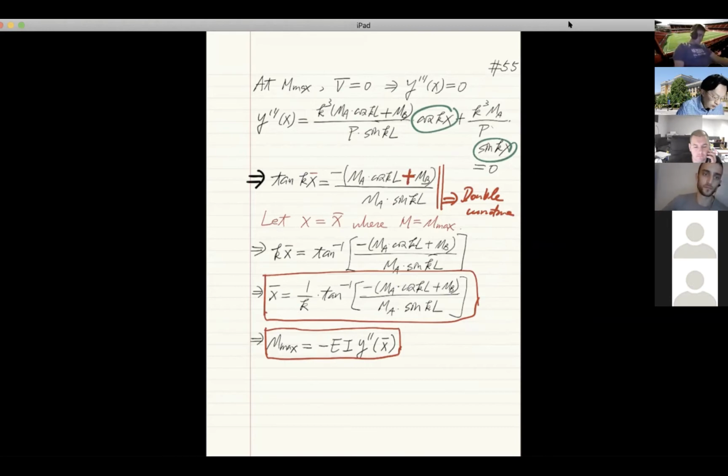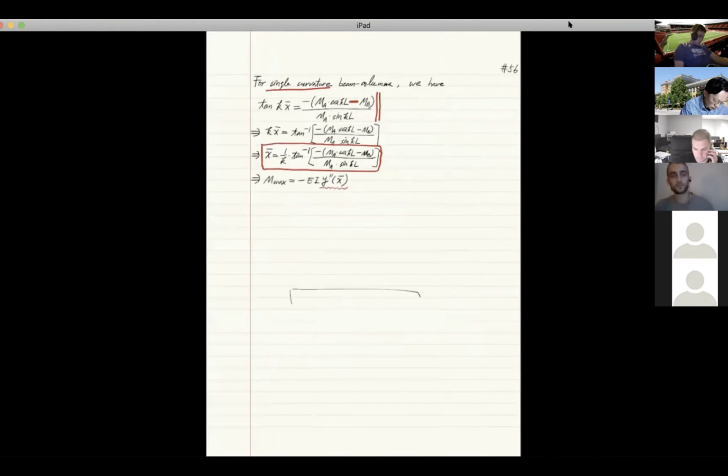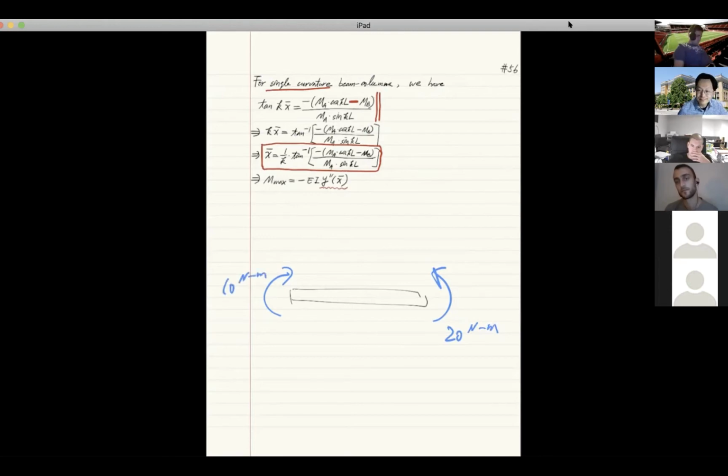So what I was saying is, when you are provided with a problem like this, suppose you have a column and you're provided with moment like this. You'll always be provided with positive values. So people are gonna say that this is 20 Newton meter, this is 10 Newton meter, something like that.